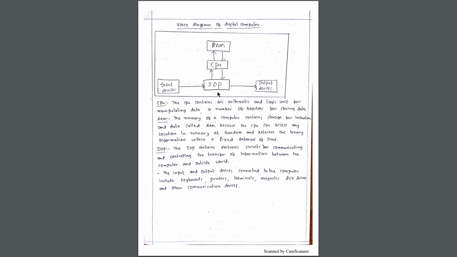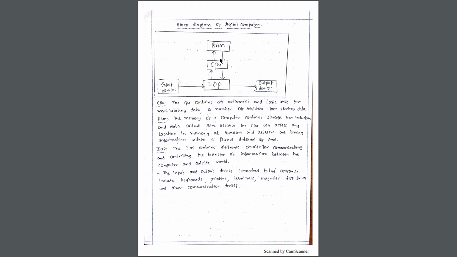Then the input output processor has sent it to the CPU, and the CPU has retrieved it from random access memory, and random access memory has given the result back to the CPU, and the CPU sends it to the input output processor. Now the input output processor has to display what I want, that is the computer organization microprocessor unit-1 PDF, and it will give it to me on the monitor, which is the output device.